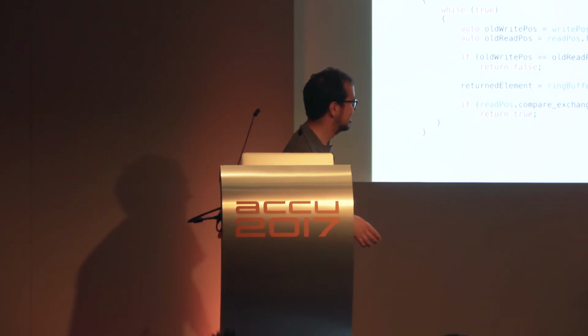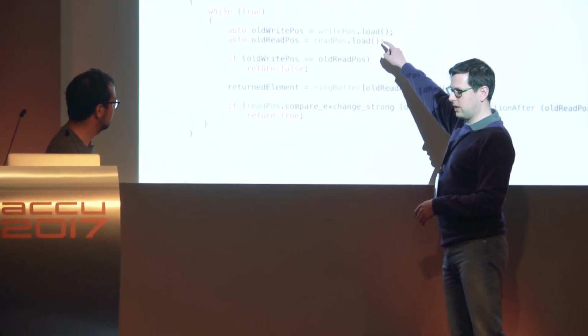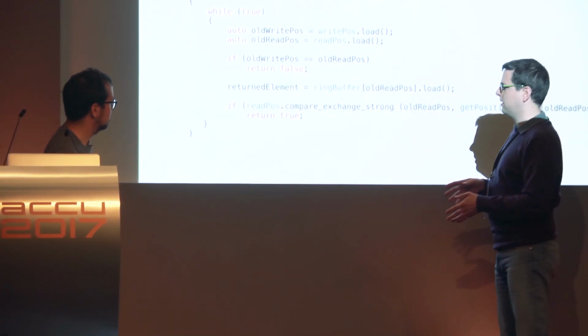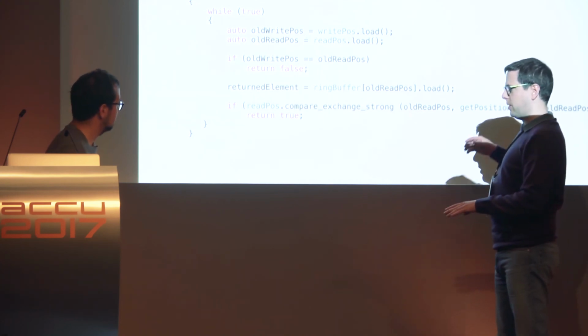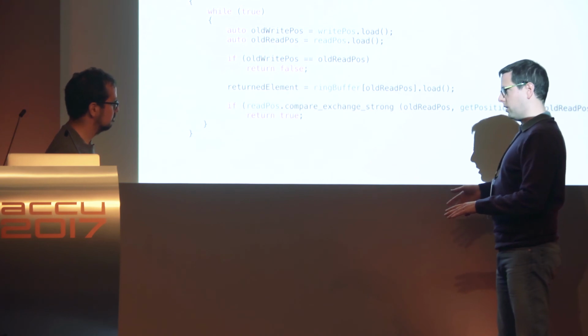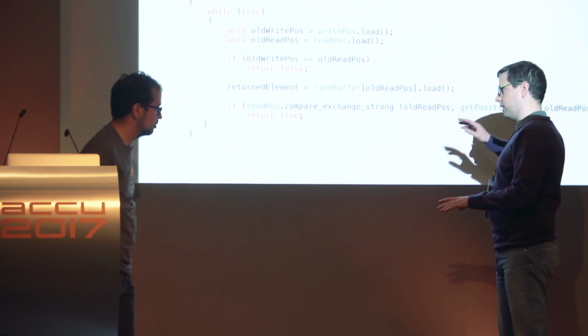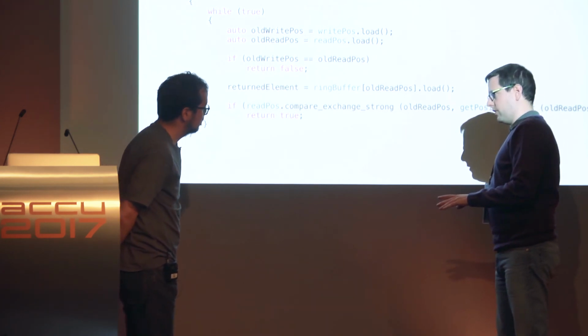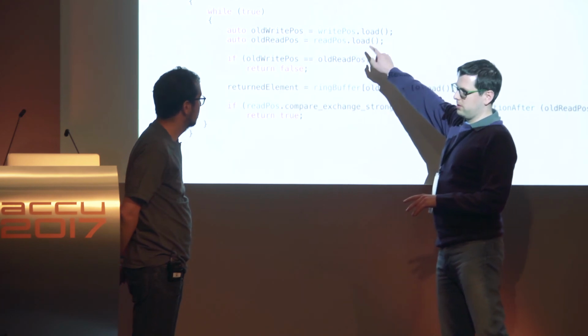So suppose you have a queue with a couple of elements in it, and then you arrive at this line, and you capture the write position. And then your thread stops executing, and some other threads keep on working with the queue. They read all the elements, and the writer keeps going, and then it's your turn again, and you get the read position.